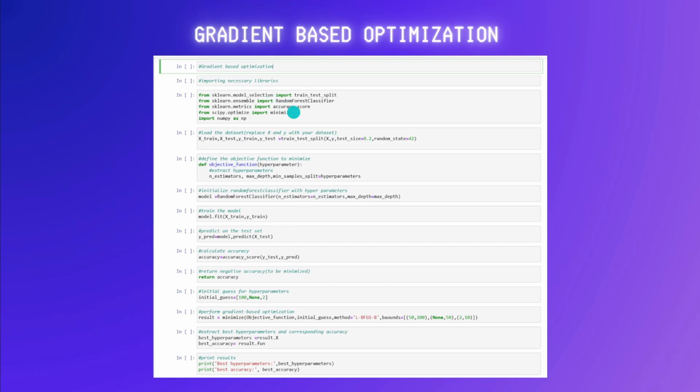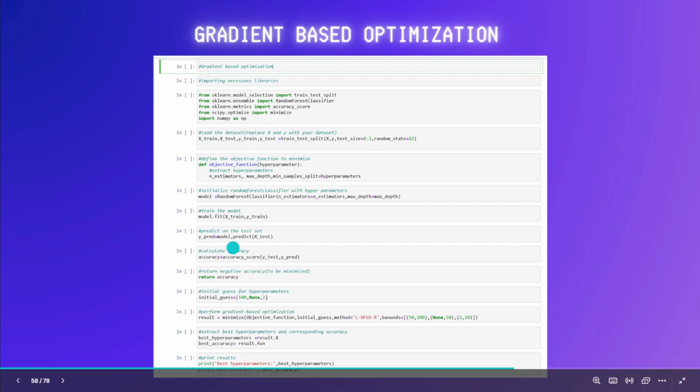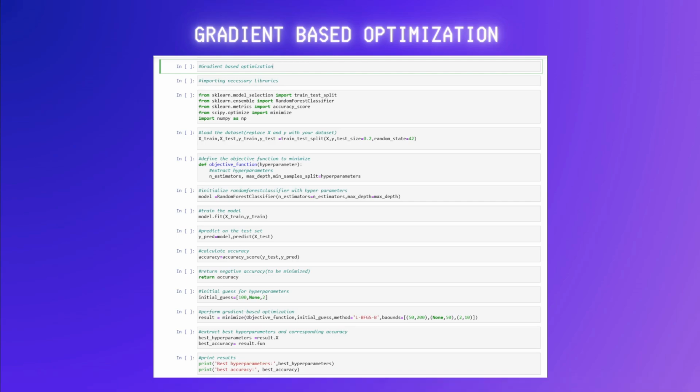So in this we'll be importing the necessary libraries here, and then we'll be loading the dataset, and we'll split the dataset into train and test data. So in this we are basically using the random forest classifier as our model, and we define the objective function which will take the set of hyperparameters as the input.